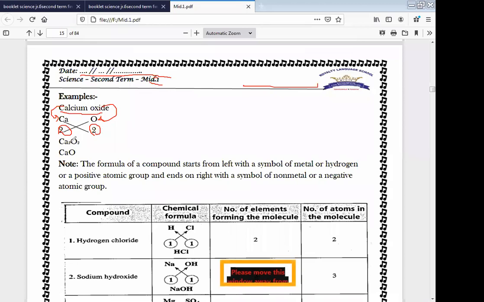Then you can simplify by cancelling 2 with 2. So the chemical formula of calcium oxide is CaO. The formula of a compound starts from the left with the symbol of a metal or hydrogen or a positive atomic group, and ends on the right with the symbol of a non-metal or a negative atomic group. I will repeat it again to understand it, okay?